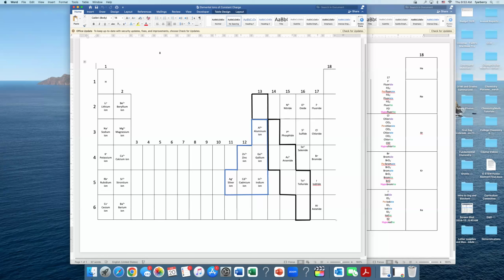Those are the metals that always form the same charge when they are part of an ionic compound. And I emphasize metals. The rest of the metals, which are not listed on this periodic table, form charges that vary depending upon the anion they are associated with.